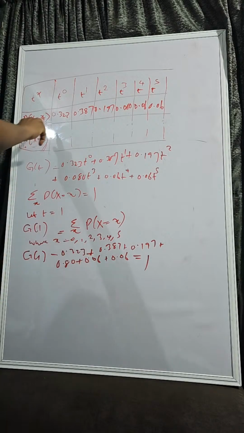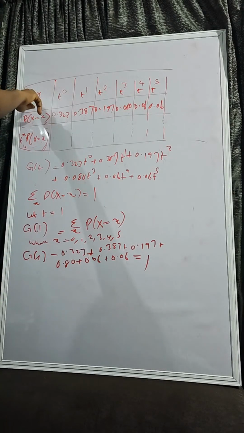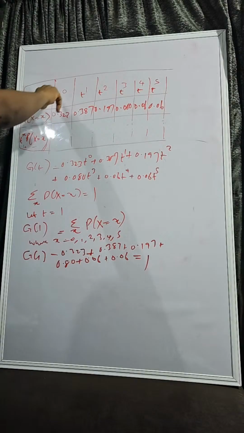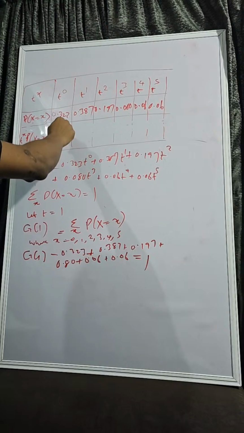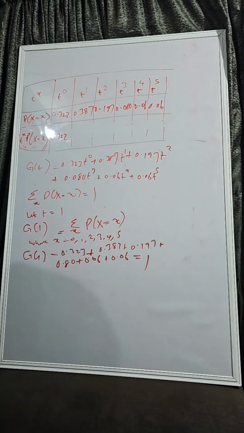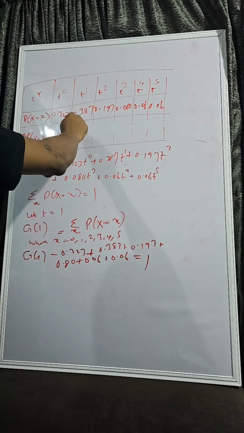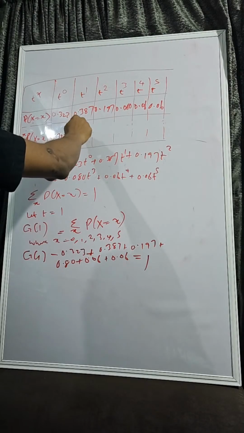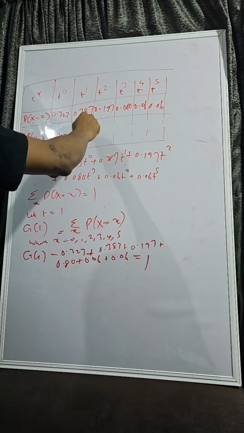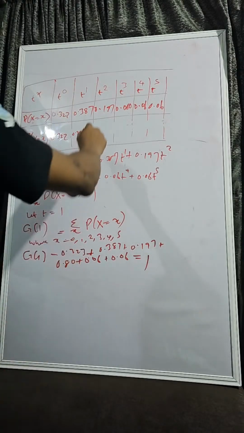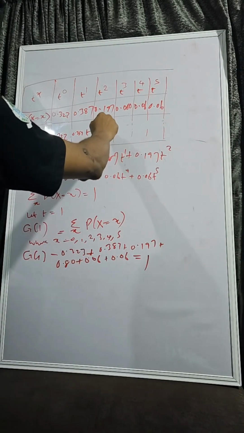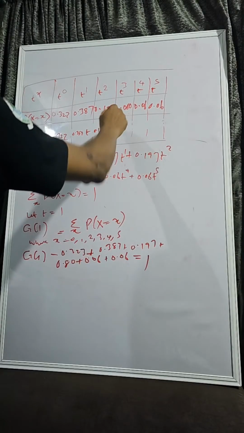So now, what will be our T of x times the probability? T raised by 0 is 1, so 1 times this will give you the same thing. Now T raised by 1 times 0.387 will give you 0.387 times T. Now T raised by 2 times 0.197 will give you 0.197 times T raised by 2.